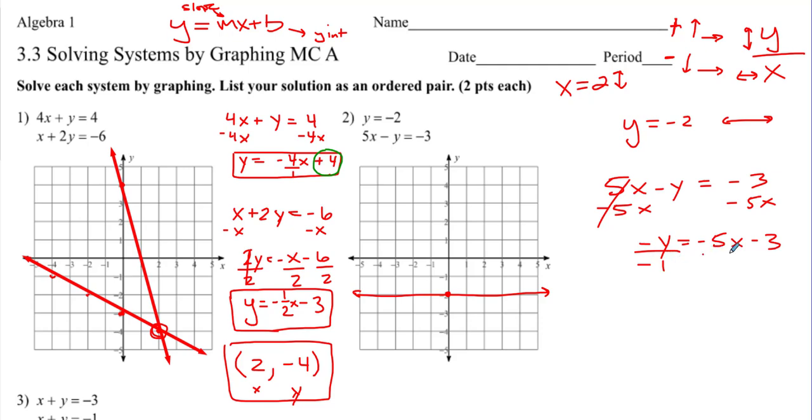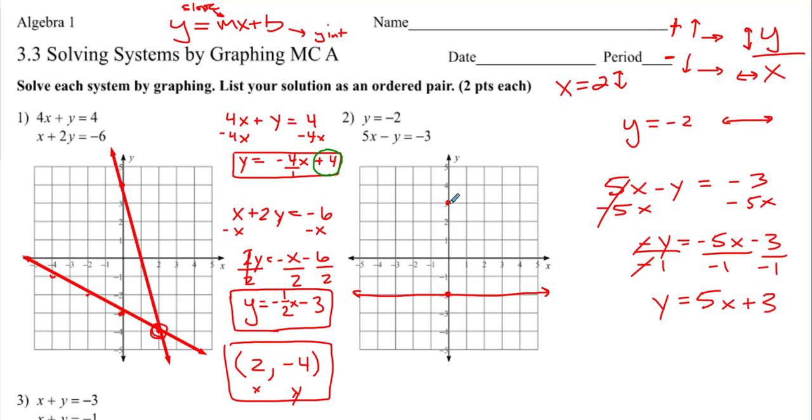We got to divide every term by a -1. Okay, we got to get rid of that negative sign. Boom. Y divided by 1, y. -5x divided by -1, so we got a -5 over -1. That becomes a +5. We put the x out front. -3 divided by -1 becomes a +3.